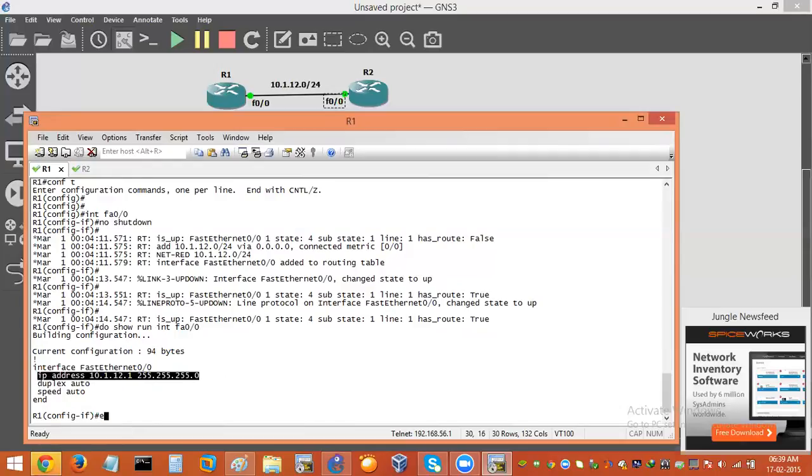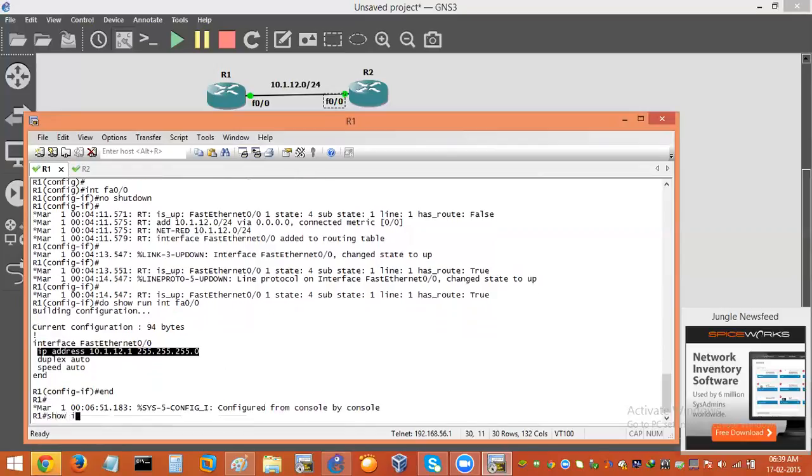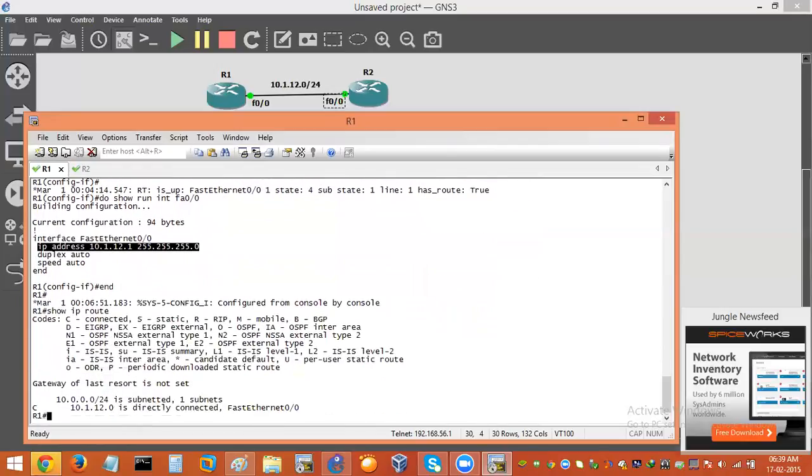Now, if you check show IP route, enter, what you are going to see is a routing table entry, a C route, which says that there is a network called 10.1.12.0, which is directly connected to me on FastEthernet 0/0.